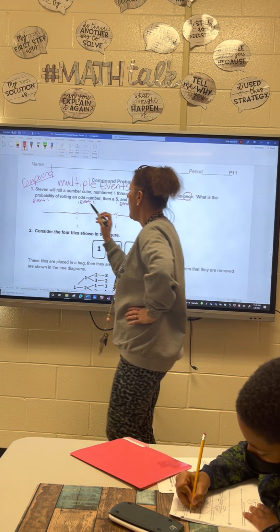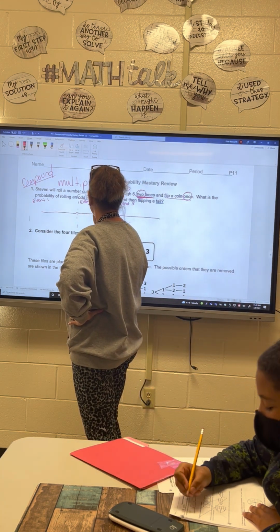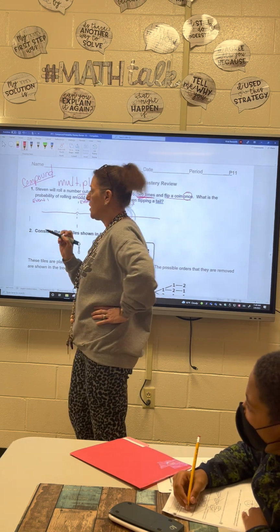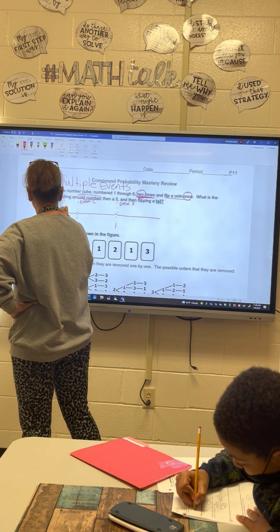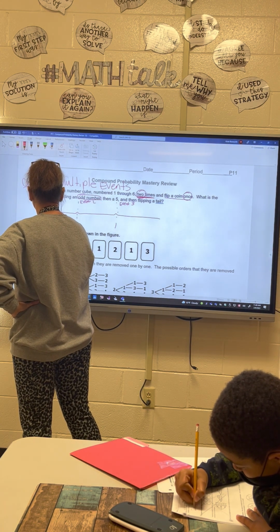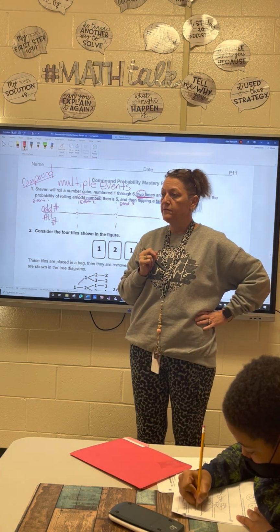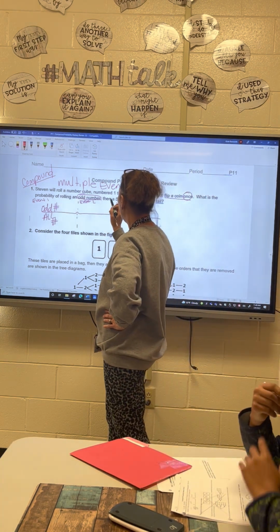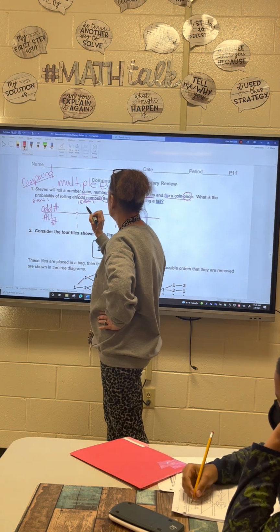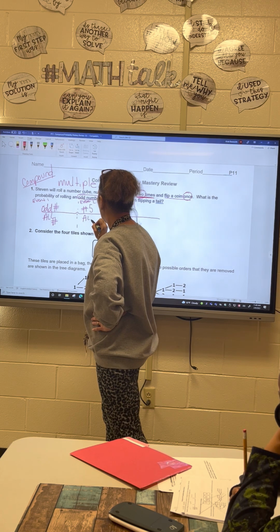And on event 1, I want to know what is the probability of rolling an odd number. So on event 1, I want an odd number out of all numbers. What I want over all I have, right? Event 2, I want a 5. So on event 2, I want the number 5 out of all numbers.